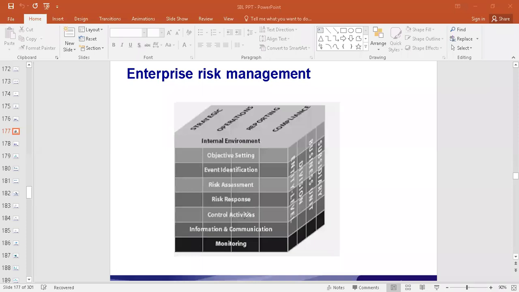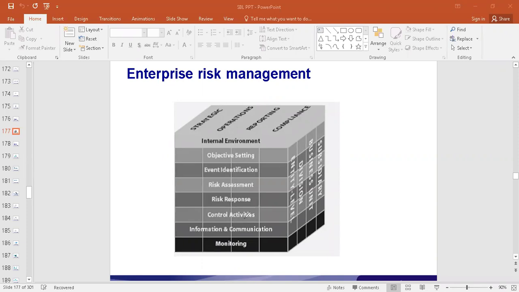Then next one, sixth one, is control activities. Ensure that there are proper control measures taken in terms of restricting the access for various things, or having segregation of duties, ensuring that the assets are safeguarded, etc. So certain kinds of control activities should be taken up.